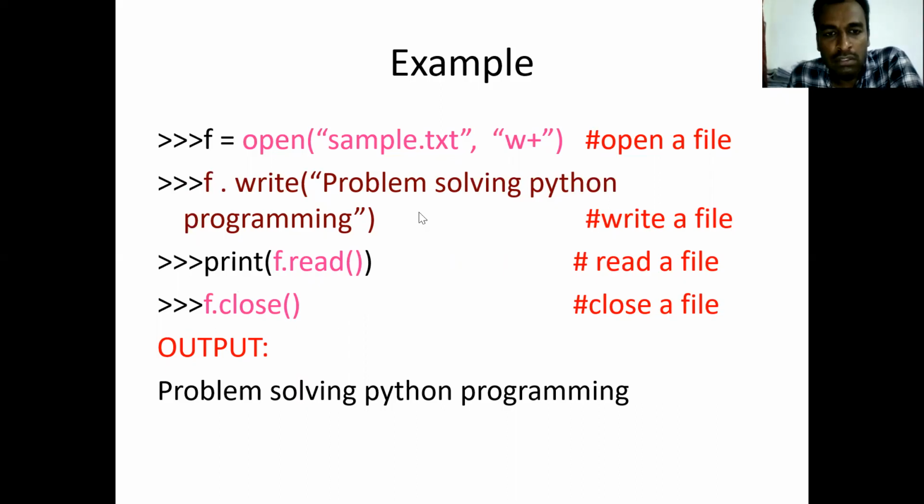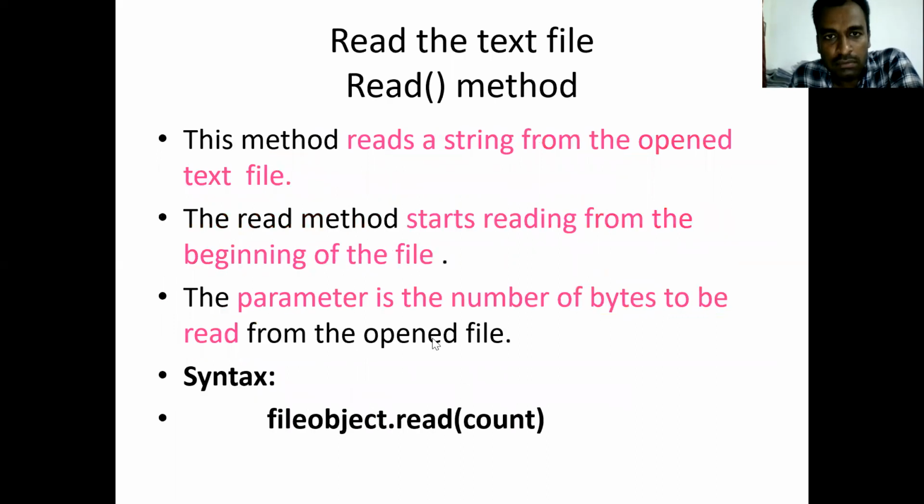If you open a file, definitely we have to close the file at the end of the program. So the content you wrote into sample.txt is problem solving Python programming. Using the read method to read the content in f, you get the output: problem solving Python programming.